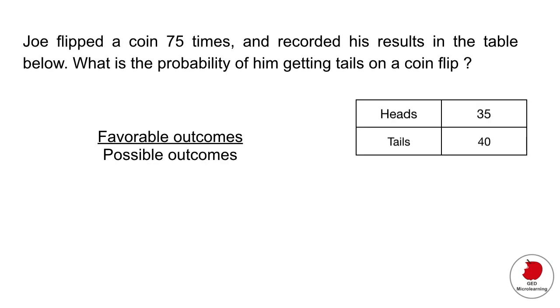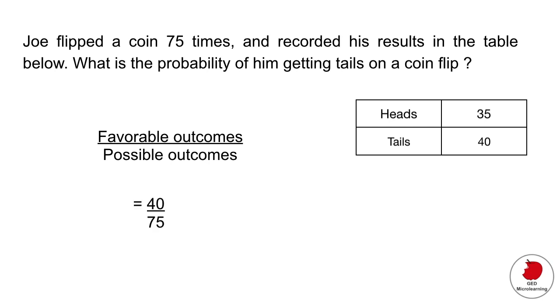All right, so in this case, they're telling us that he flips the coin 75 times. So 75 would represent the possible number of outcomes. And then they're asking us for the probability of him getting tails. So if you look at the table, it says that would be 40.